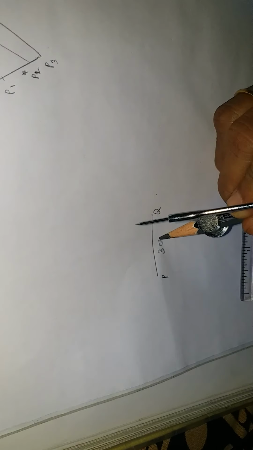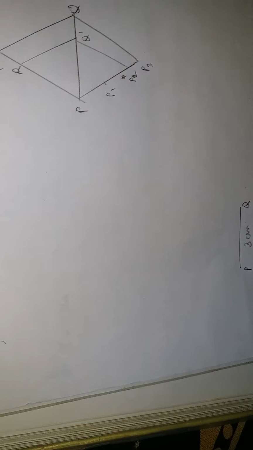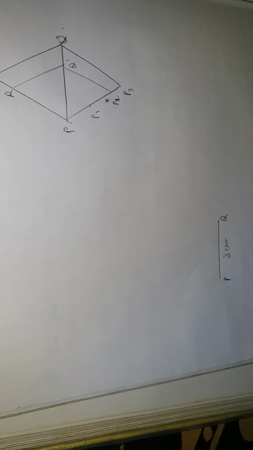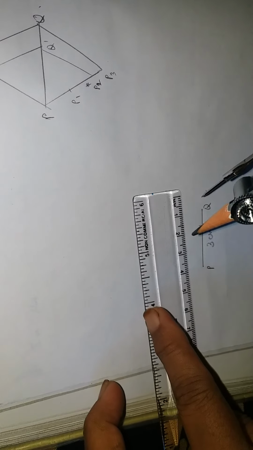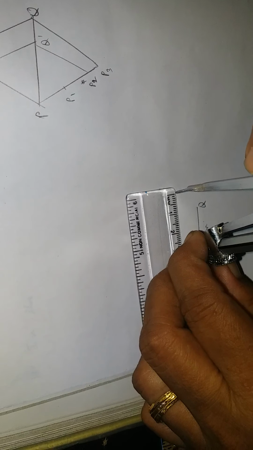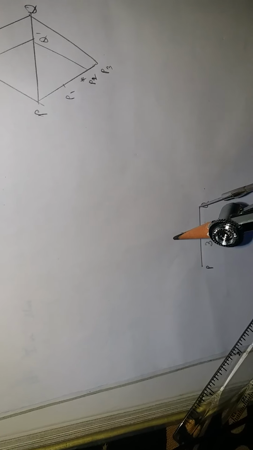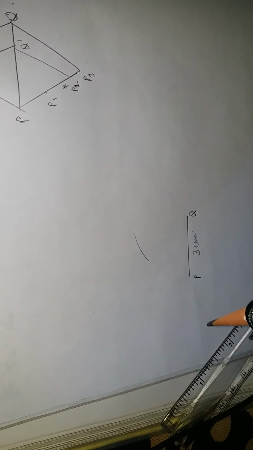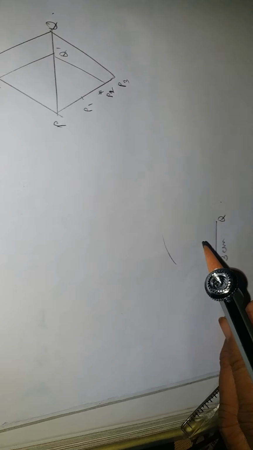So, 3 centimeter, I have drawn one line of 3 centimeter. This is your PQ. Similarly, you have measured 3 centimeter. Take your compass, measure with your scale 3 centimeter. Use your compass to draw a triangle. Okay. So, now I am drawing an arc from here for 3 centimeter, then another arc from here for 3 centimeter.